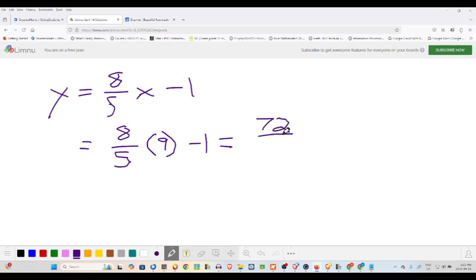That is 72 over 5 minus 1, or 67 over 5.